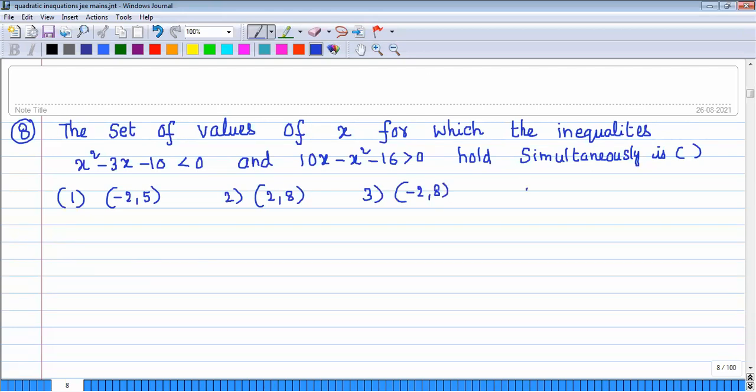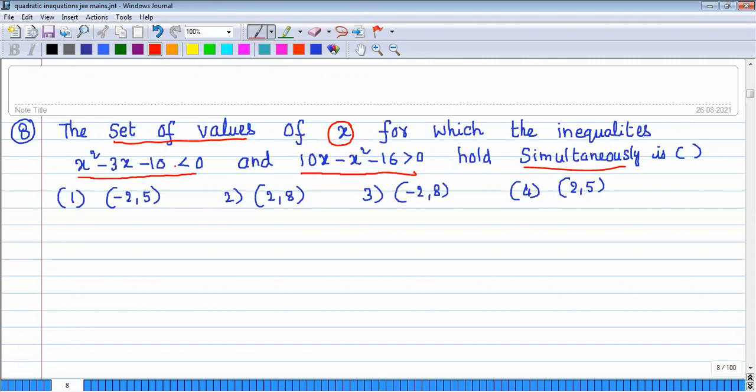Fourth option is 2 comma 5. So that means the set of values of x for which the inequalities x square minus 3x minus 10 less than 0, 10x minus x square minus 16 greater than 0 hold simultaneously.